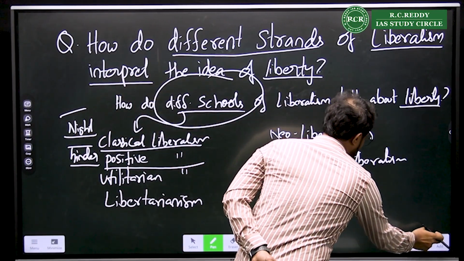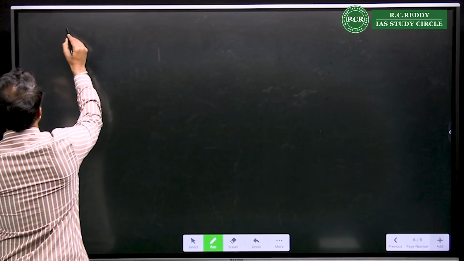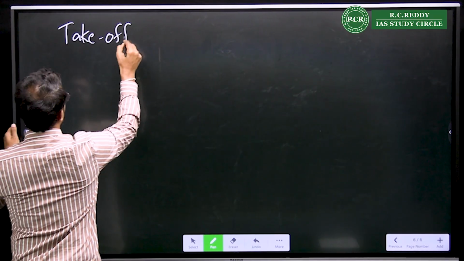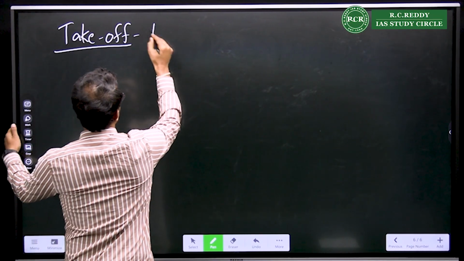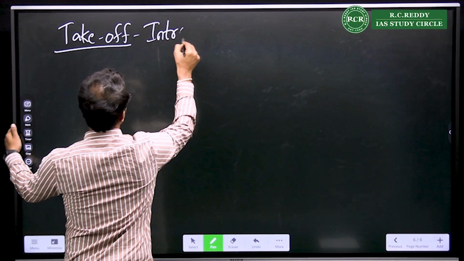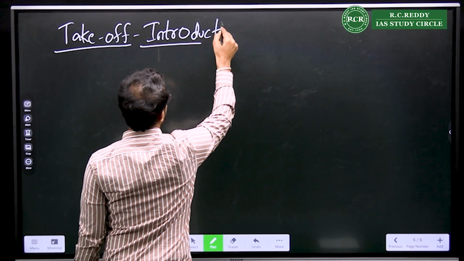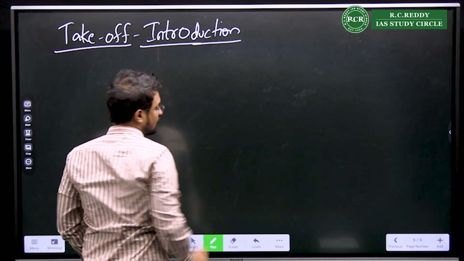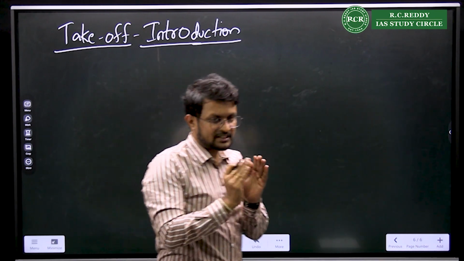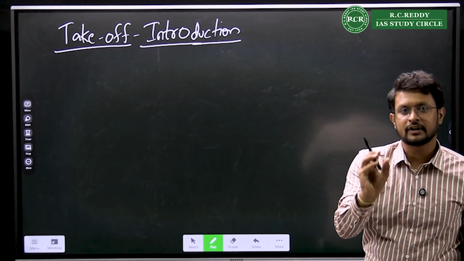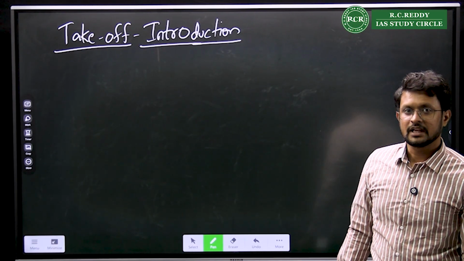Now let us first take off. The takeoff point is, as I told you, the two takeoff points is either the core concept or the critical analysis. Here in the question, we have less scope for a critical analysis, but more for introduction of a core concept, right?